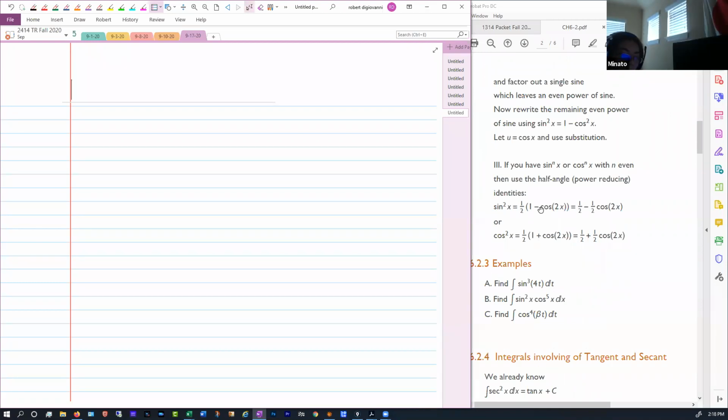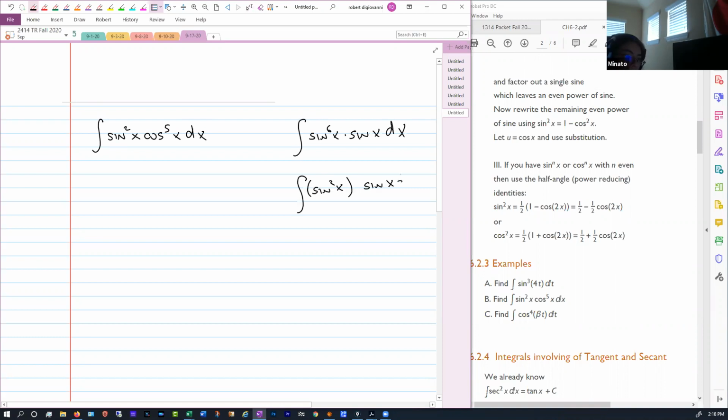Well, okay, I had a question. So what if it was like a sine to the 7th power x, and you pull out a sine, and you have sine to the 6th power? How would you divide that up? Would you just do 1 minus cosine squared x, and then what would be the exponent outside?